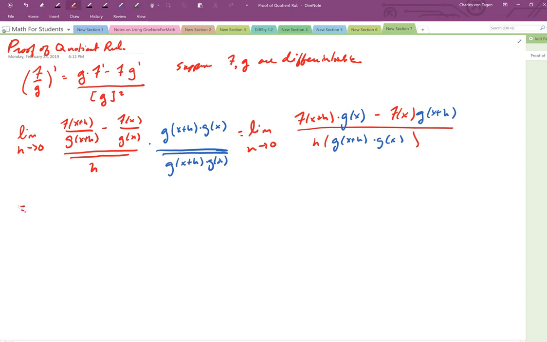Now we're going to try a trick similar to the one we used with the product rule. We're trying to build some derivatives inside of this expression, so I'd like to both subtract the term f of x g of x and add the term f of x g of x.